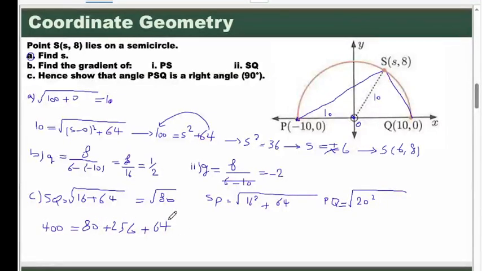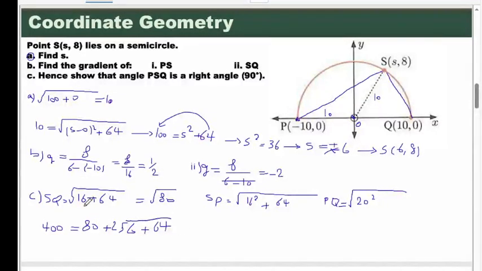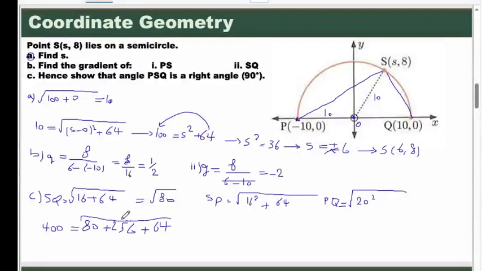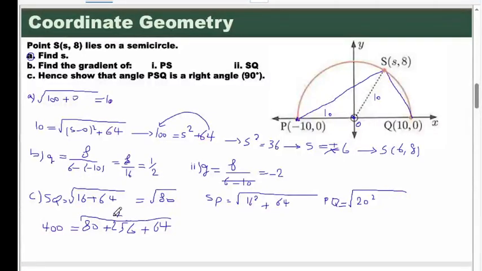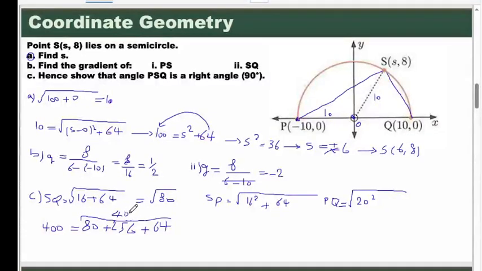Exactly, on the right side I will have 400. So it follows the Pythagoras' theorem rule. So I can say PQ is my hypotenuse and this triangle PSQ is a right triangle.